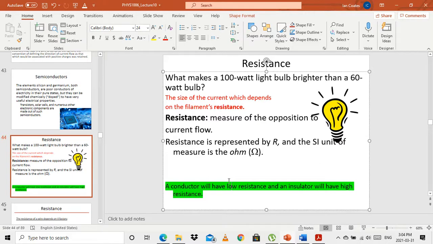So conductors have a low resistance. An insulator, like wearing rubber boots or rubber gloves when dealing with electricity in the wall or something like that, has a very high resistance. So the higher the resistance, the closer you are to being called an insulator, where it stops the electrons from flowing.